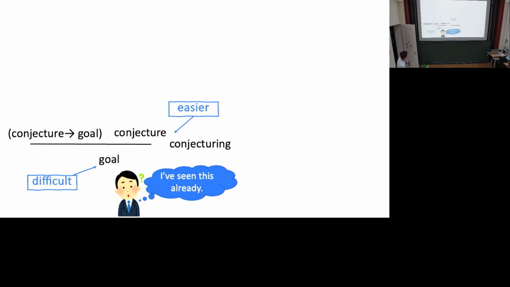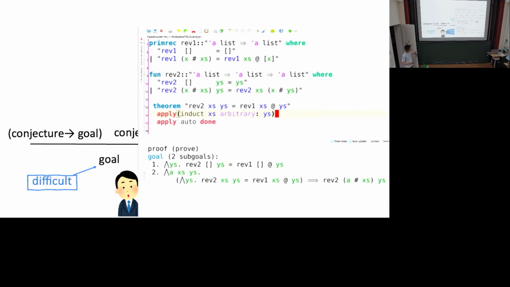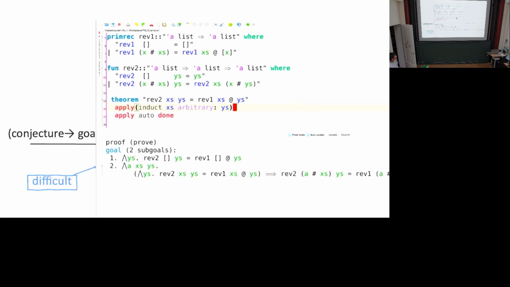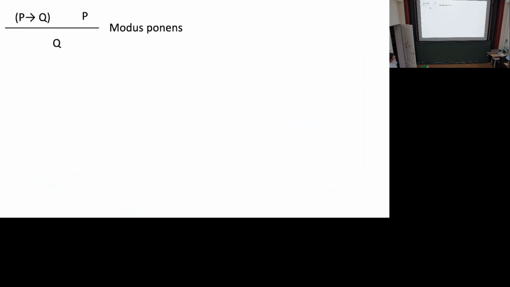I feel like this was very similar to the situation when we applied tactics, the induction tactic. So we are using modus ponens, right? I showed the induction tactic, but it is actually a bit complicated.